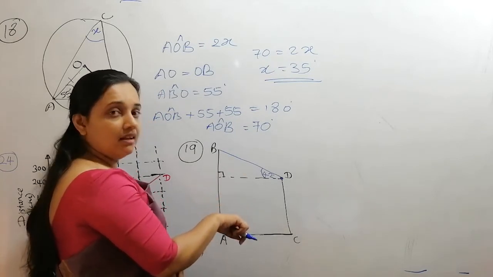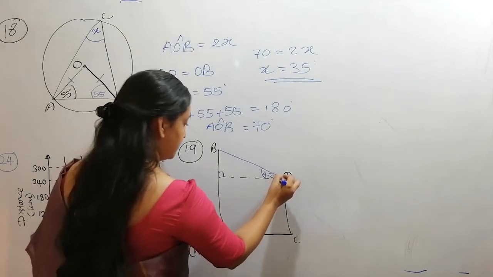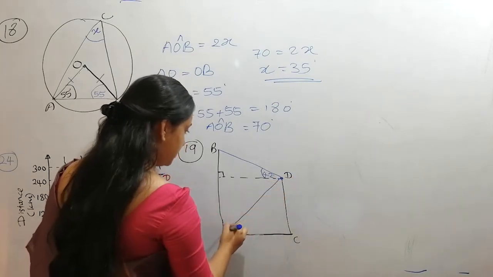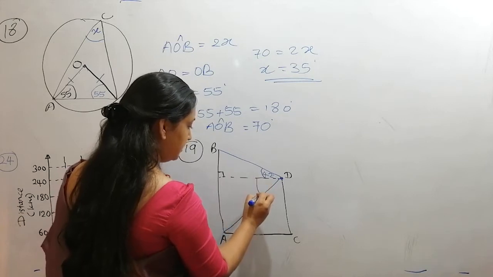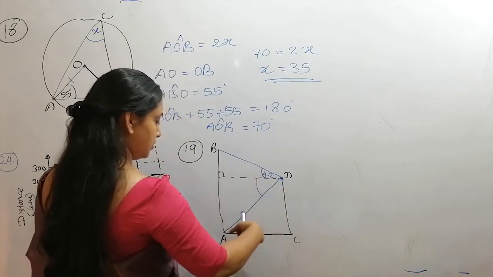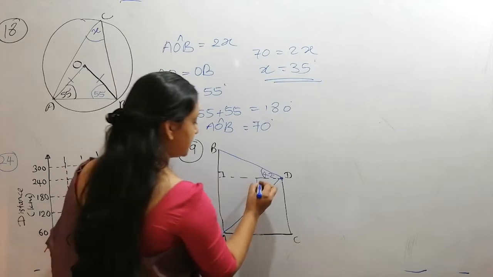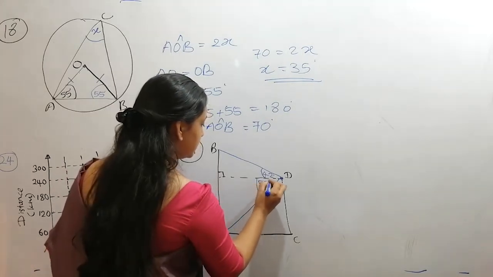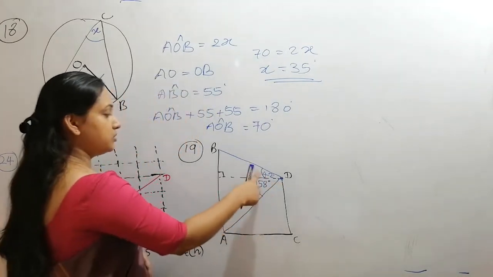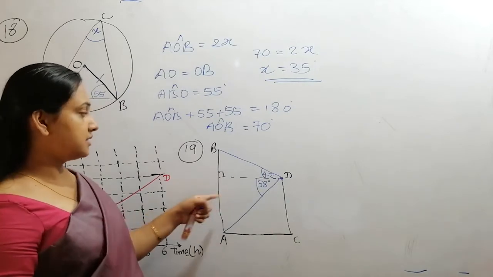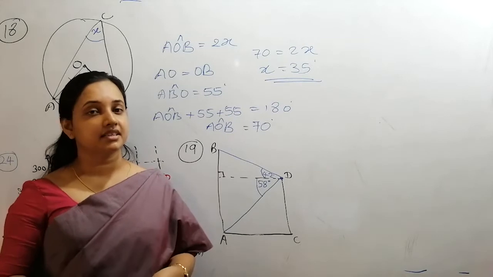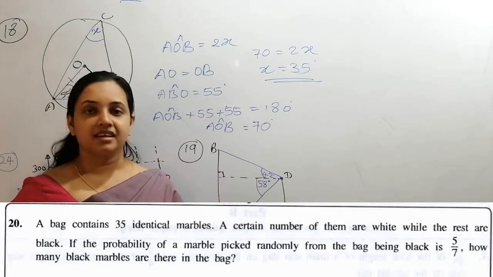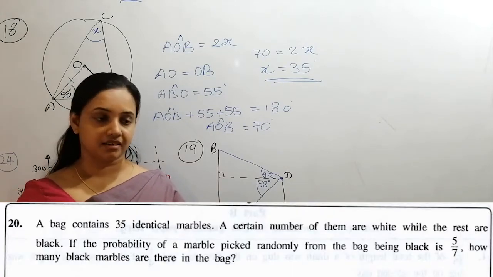Horizontal axis is this one. Then this is the angle created to look at the point A. It is 58 degrees. You have to mark these two angles in the given figure. This is the answer for question number 19.